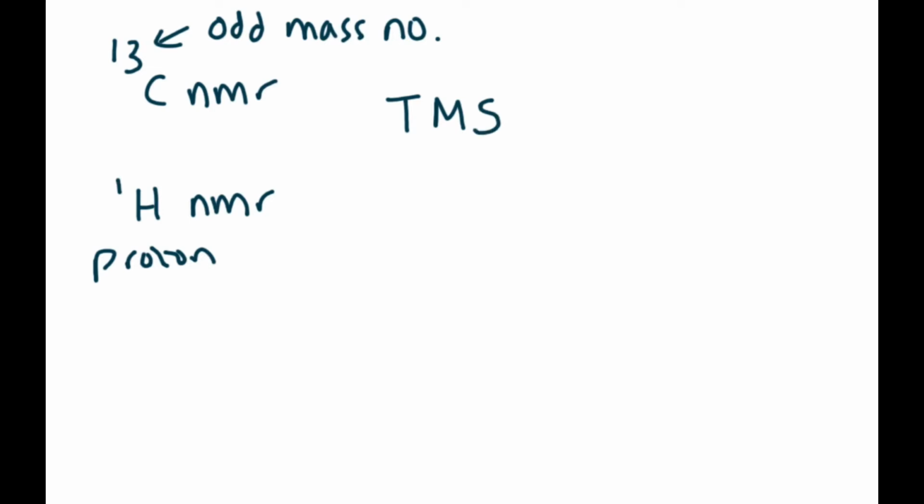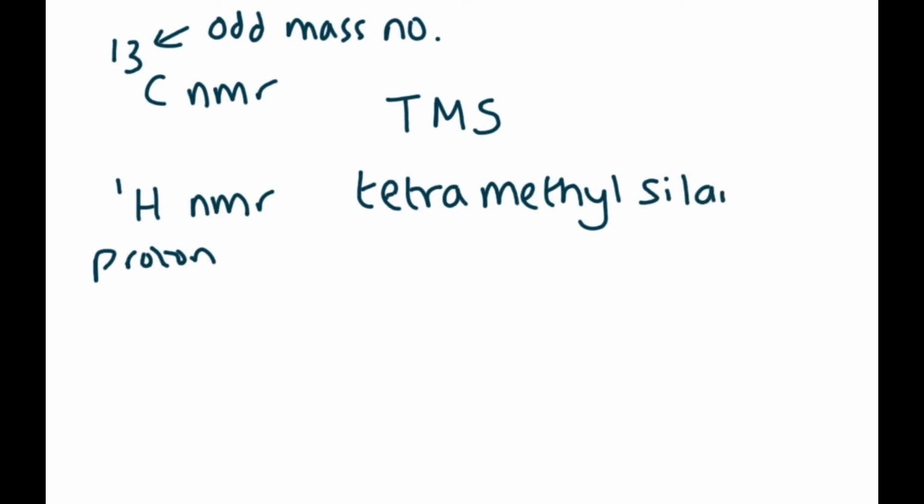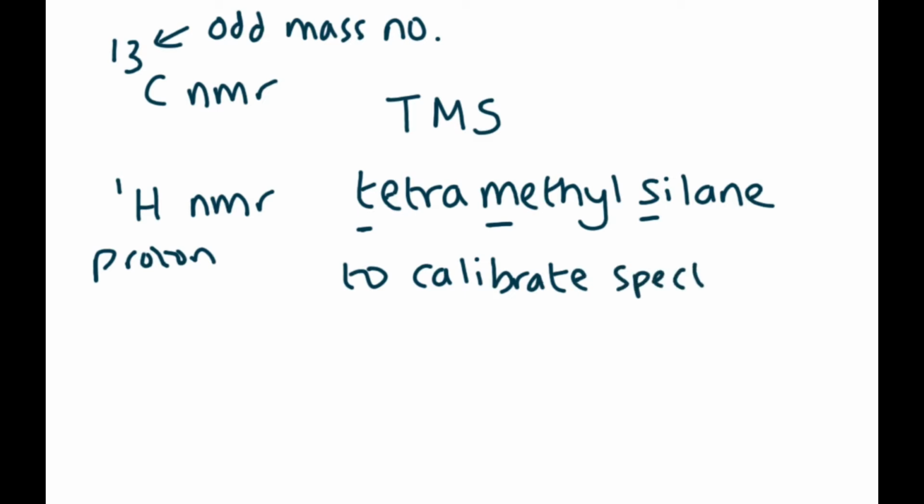Now for both of these NMR techniques, you need to add to your organic molecule some TMS. TMS stands for tetramethyl silane. The purpose of this is to calibrate the spectrometer, to tell the machine where zero is.